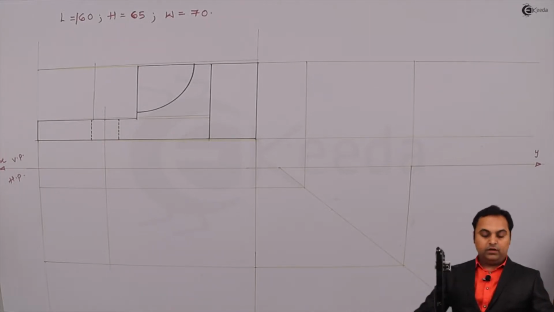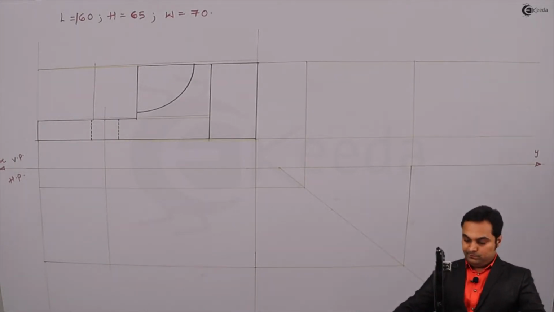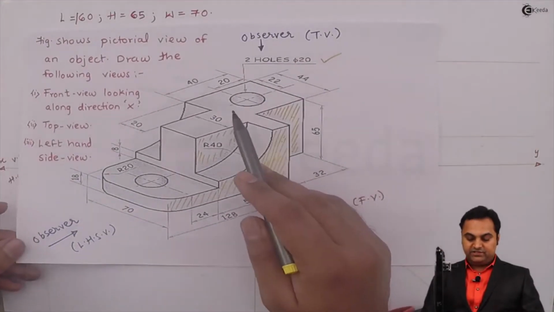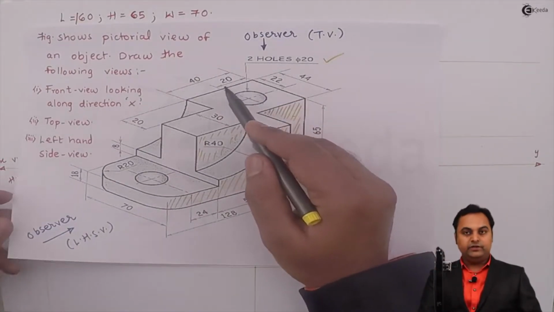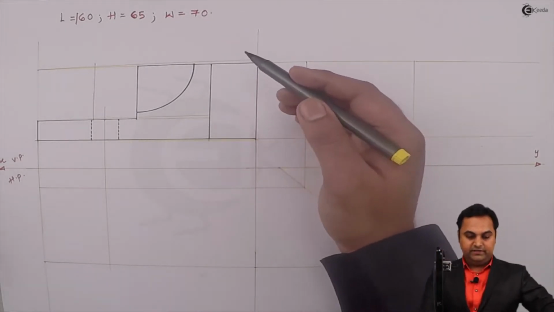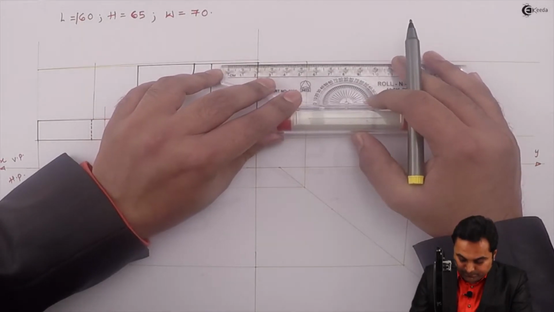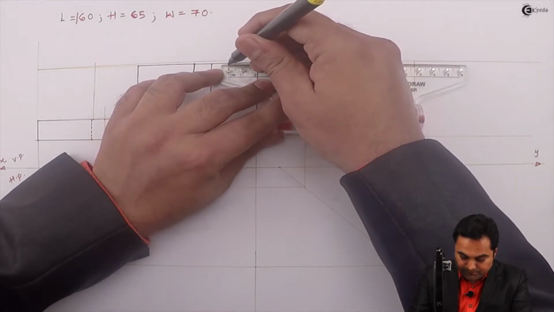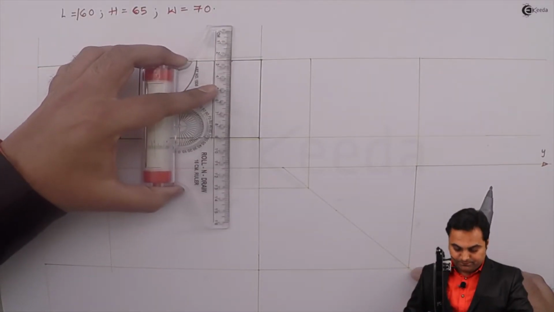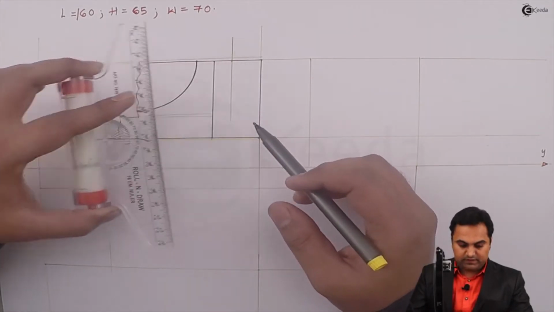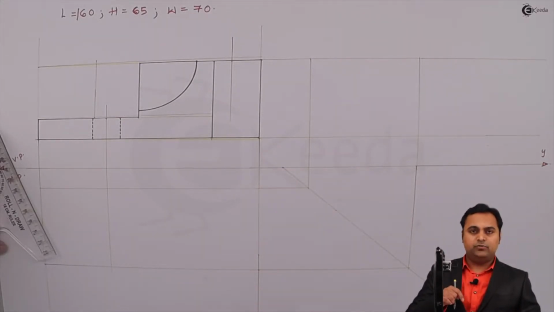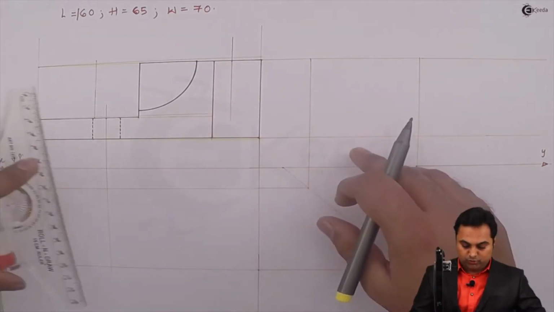Next, at the same time, inside this portion, there is another hole which we can see here, that is located at a length of 20 mm from one side. So at a distance of 20 mm from one side, which is the right hand side, I am measuring the center of the hole. So here I am marking its center, and then the hole is of diameter 20 and it is not given how deep it is. So I'll assume that the hole is through.